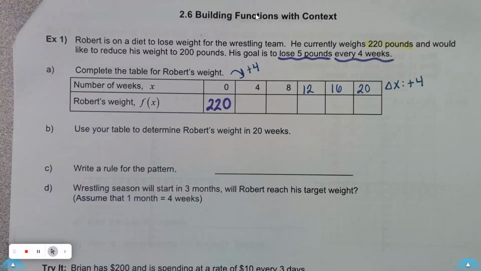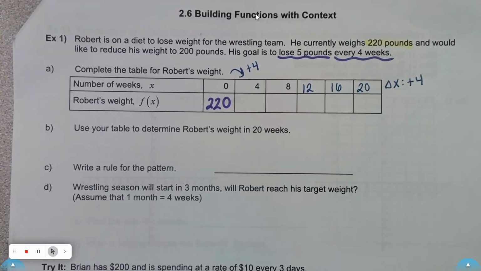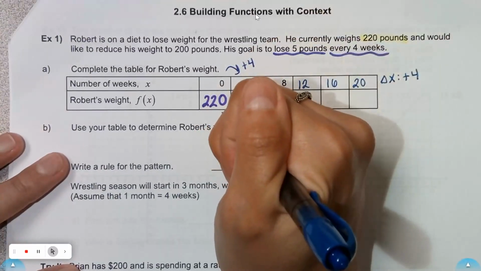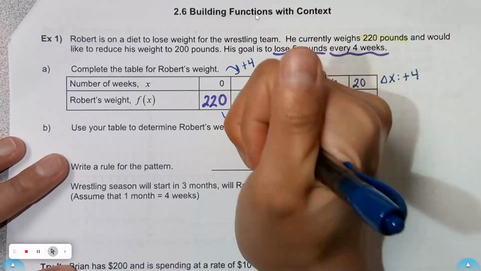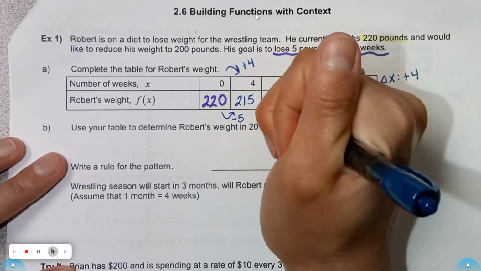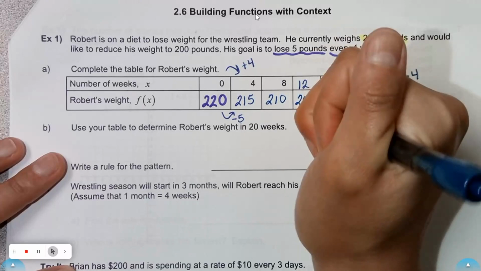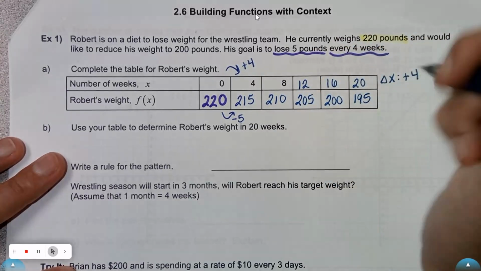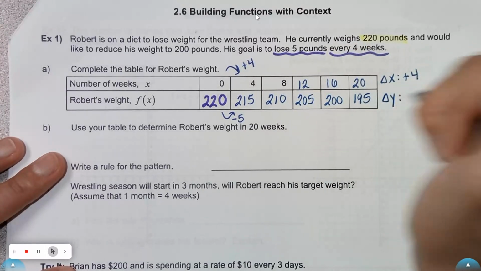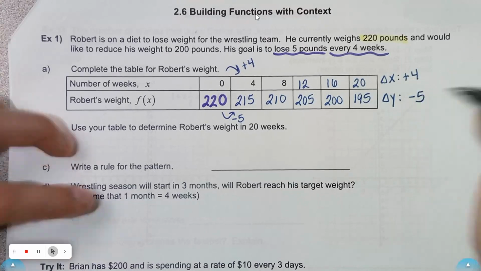Okay, to lose means negative. So if I'm losing pounds, it's going down, and it's going down by 5. So this is minus 5. If I keep that pattern going, this becomes 215, 210, 205, 200, and 195. So then my change in y is minus 5.